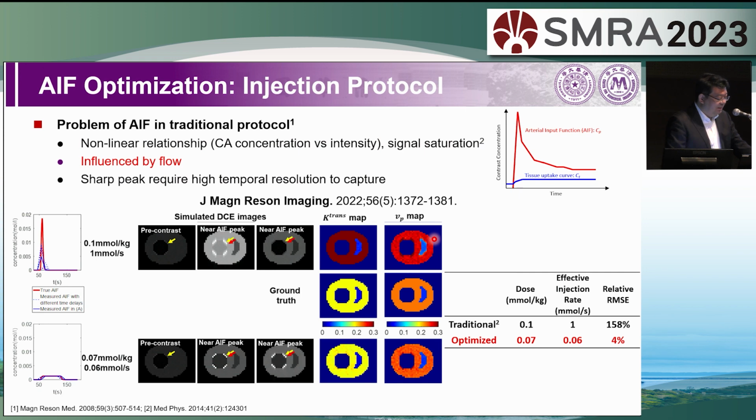And the second is, we use a simulation study to prove that if we inject the contrast concentration slowly, we could avoid the peak. So that means you can acquire the AIF with lower temporal resolution and still get accurate estimation of the parameter maps.